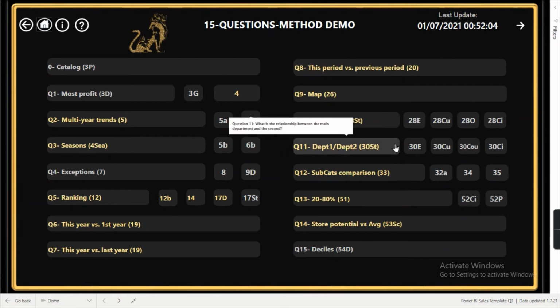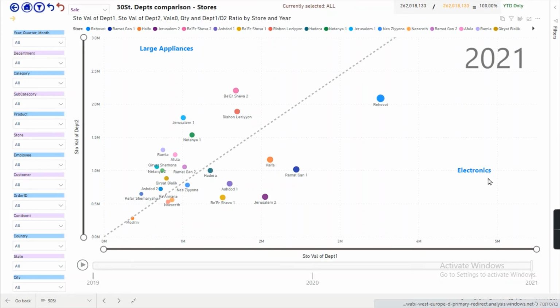Question 11. What is the relationship between the main department and the second one? This focuses on the 2 main departments, electronics and large appliances. Page 30, ST for store. There are also other pages. We see to the right electronics, TVs, and to the left large kitchen appliances.